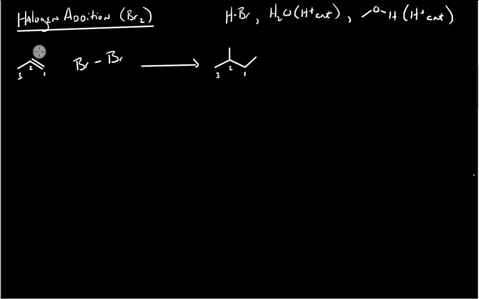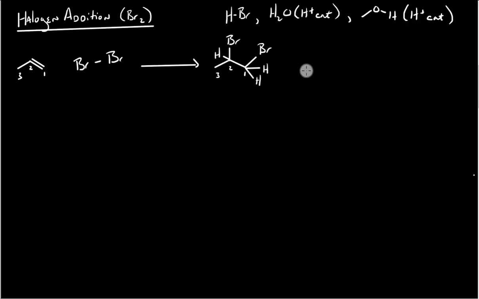Originally carbon 2 had 1 hydrogen coming off of it, and carbon 1 had 2 hydrogens coming off of it, and those 3 hydrogens are still going to be present: 1 off of 2, and then 2 off of 1. But now we've added 2 new atoms to the molecule, a bromine here and a bromine here. So overall, we've added 2 bromines to the alkene, and we've converted the alkene to an alkane.